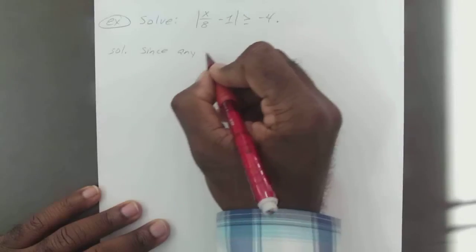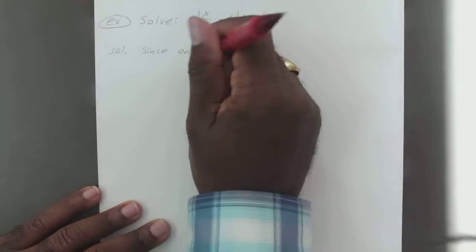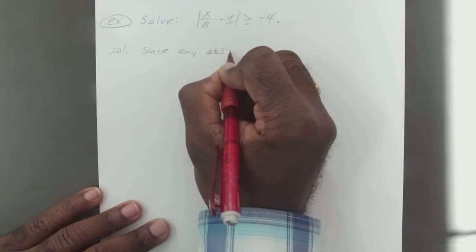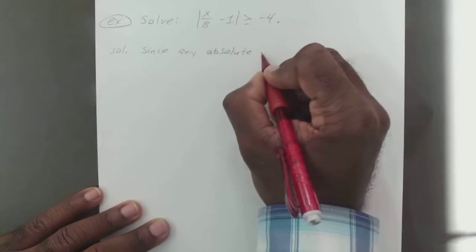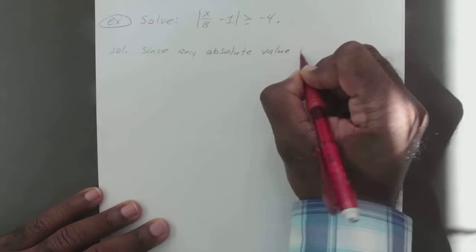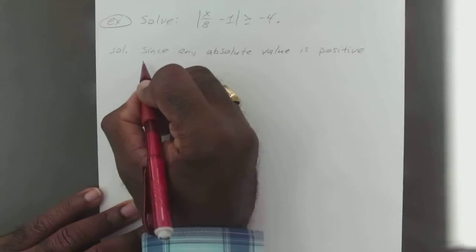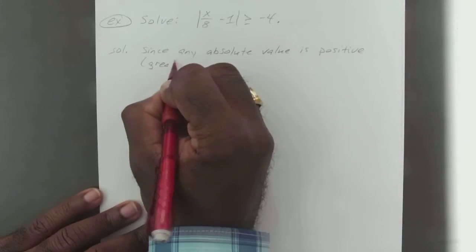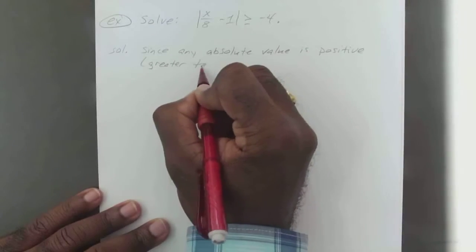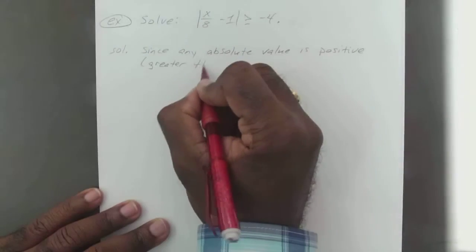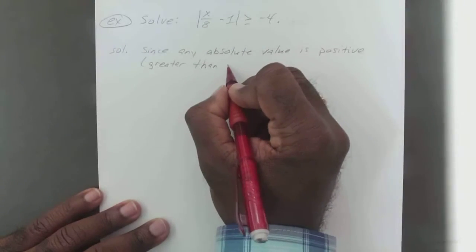Okay. So since any absolute value is non-negative, which means it's greater than, or it could be equal to.